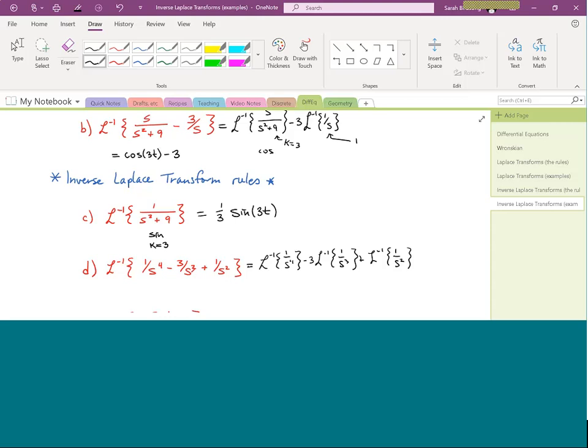It's the t to the n rule. So we're going to have all of these guys turn into t to the n, and I'll put quotes around it because our n's will be different.